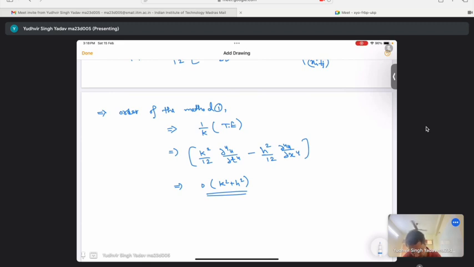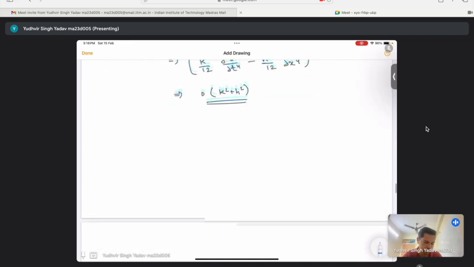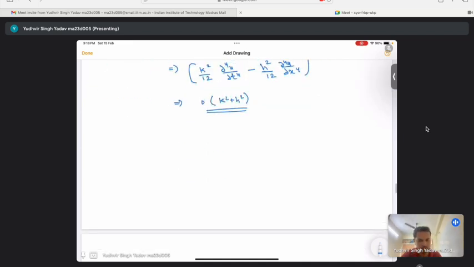Next, we can also see we have our two initial conditions. So what can we get out of those initial conditions?